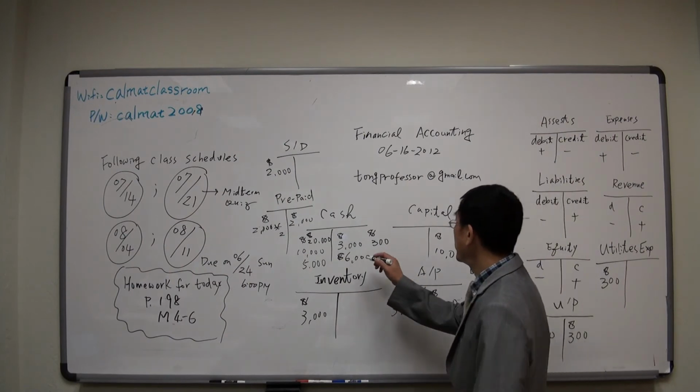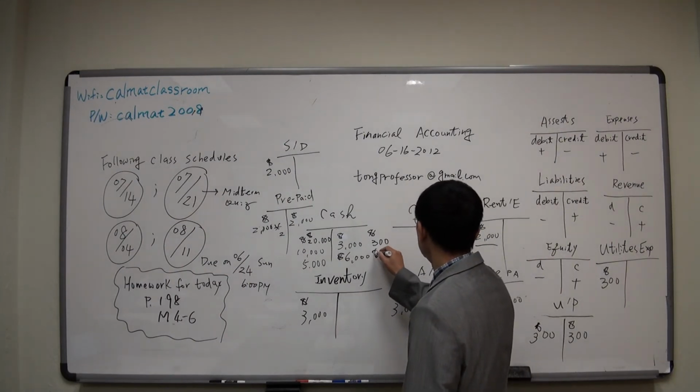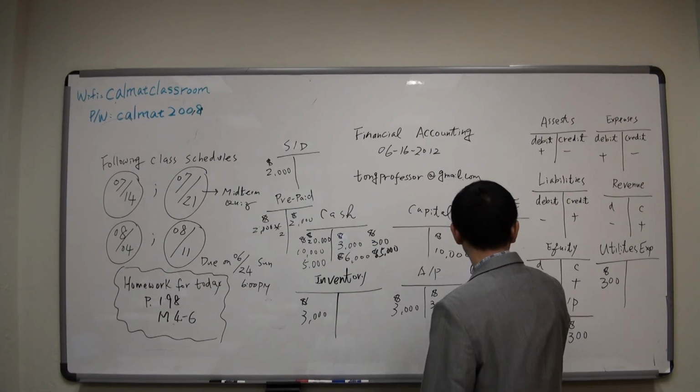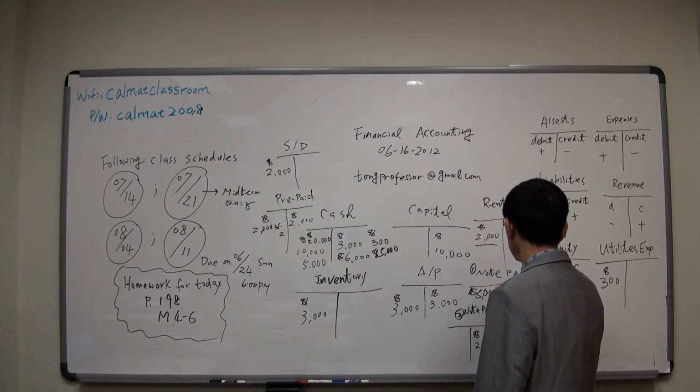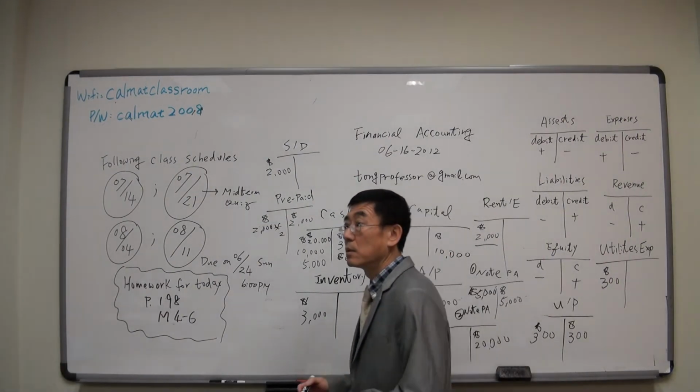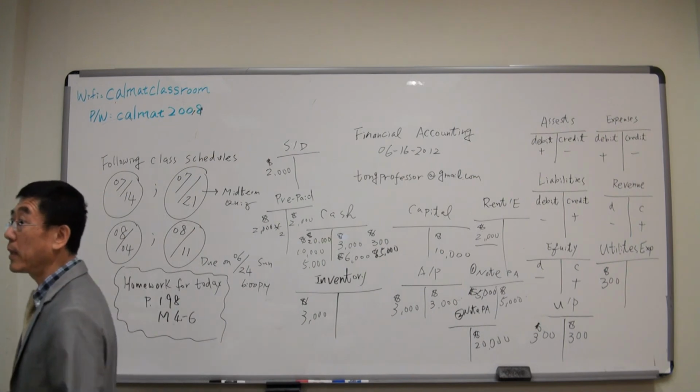And this one you reduce by 5,000. And this one you reduce by 5,000. So far so good, you balance. No problem, right? It's okay, right? Everybody agree.